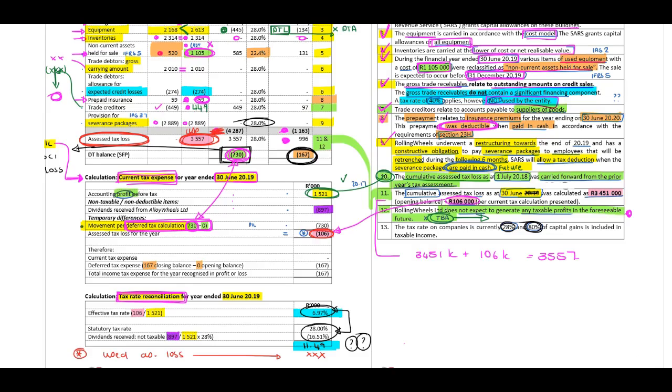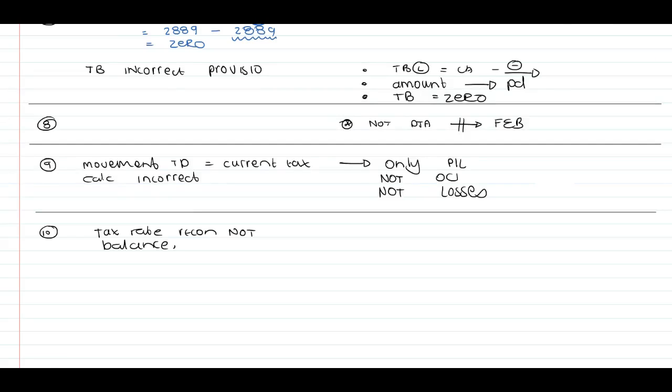Therefore, in our correction, I'm going to indicate that we have our unrecognized deferred tax relating to 20.19, which we have now used against our deductible.